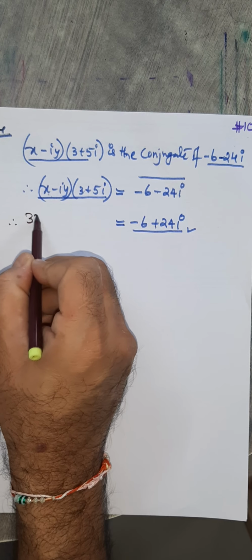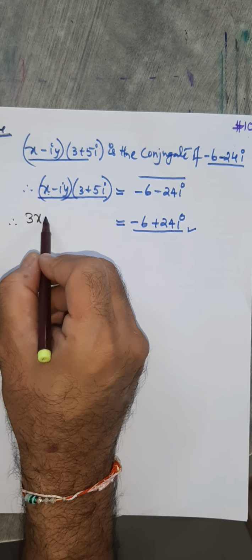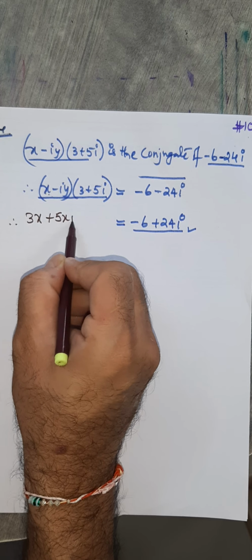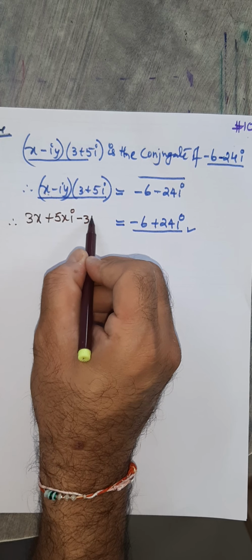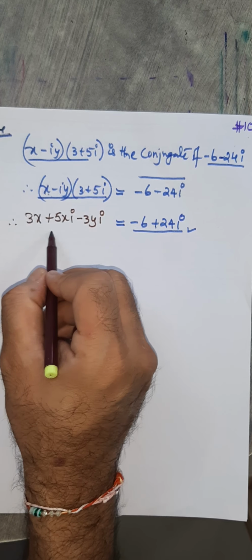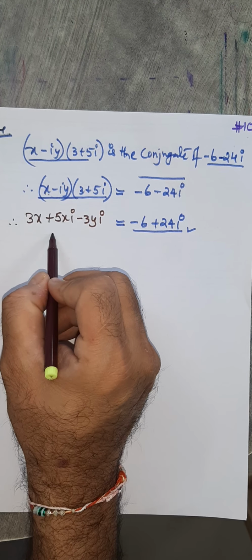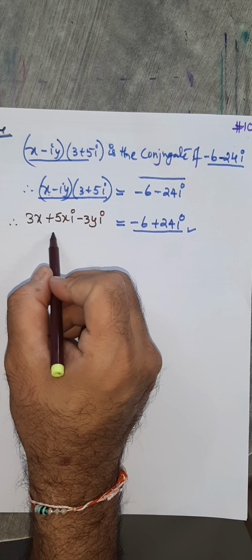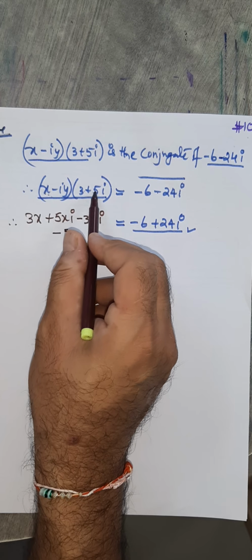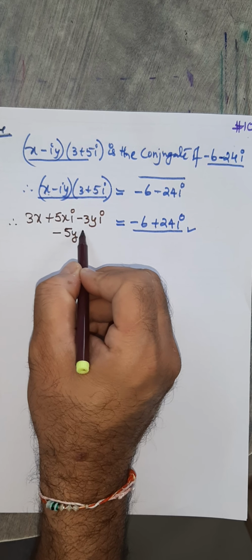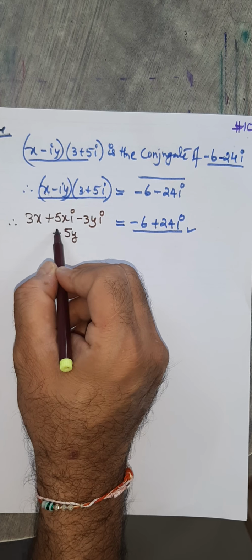This into this, which is 3x. This into this, which is 5x iota. This into this, which is minus 3y iota. Here you have minus 5y iota squared. But what is iota squared? That is minus 1. So this become plus.